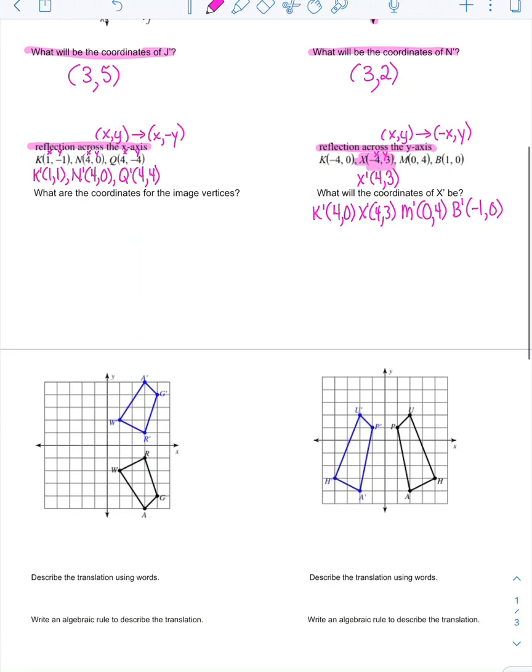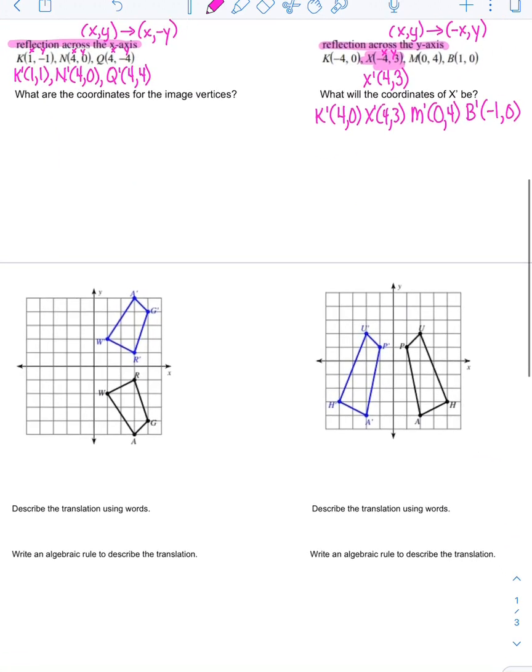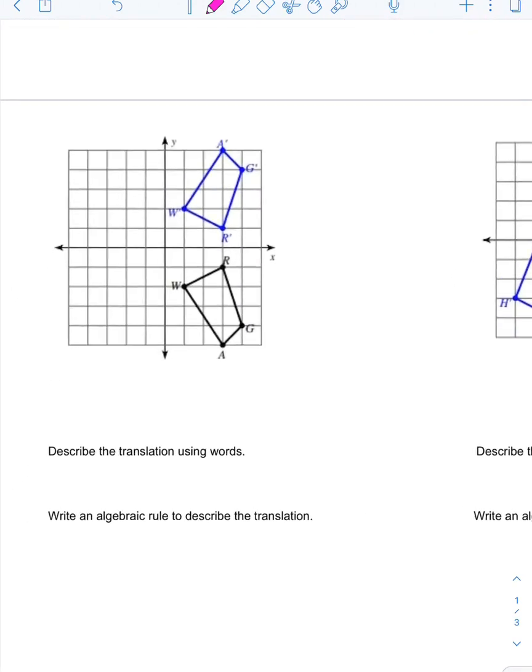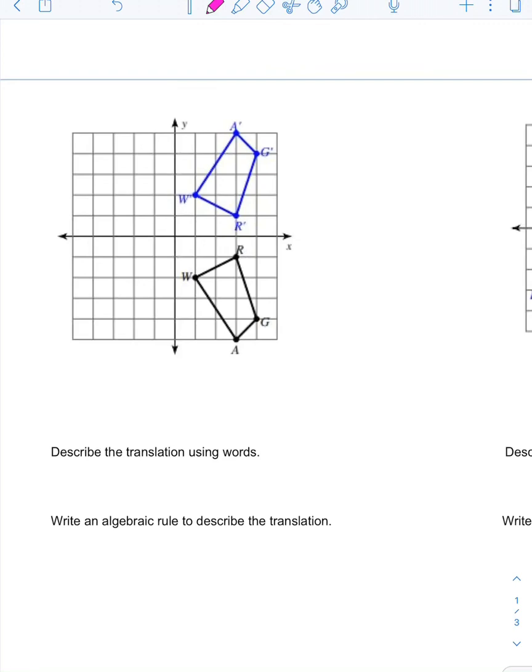Okay? And now let's take a look at how we determine or describe a reflection. How do we describe the reflection using words? Well, we decide what it flipped across.